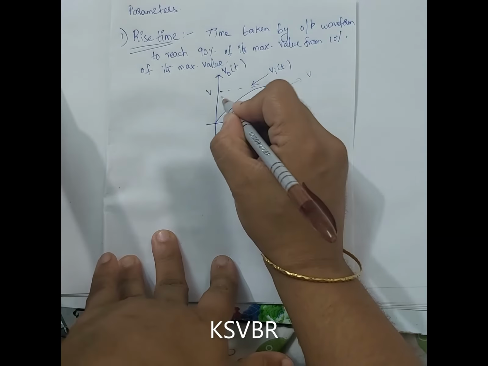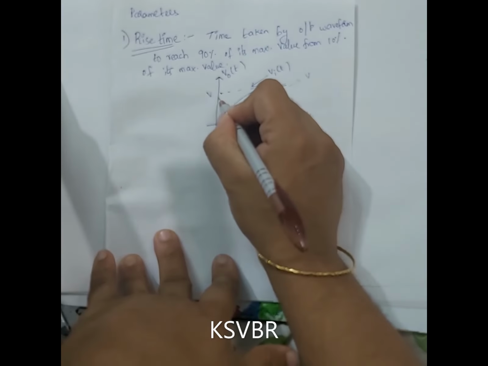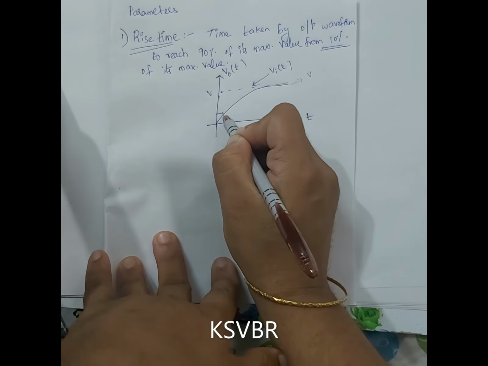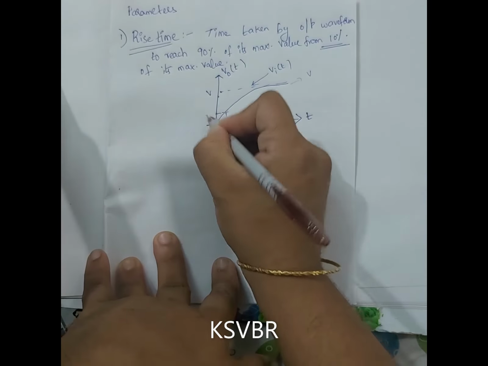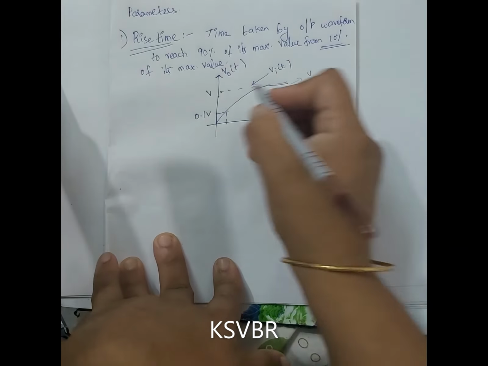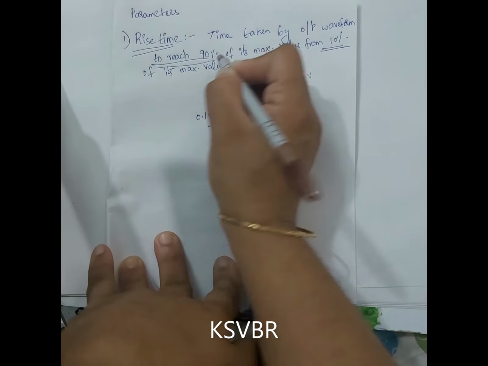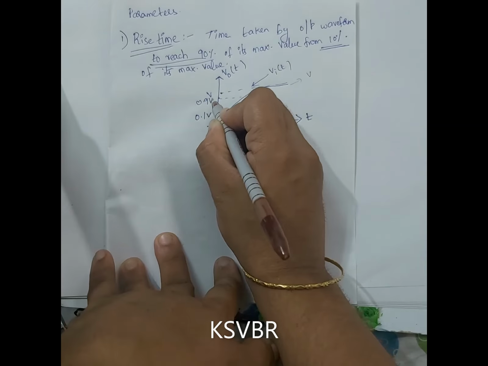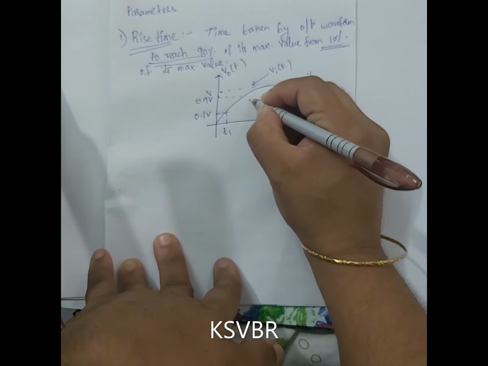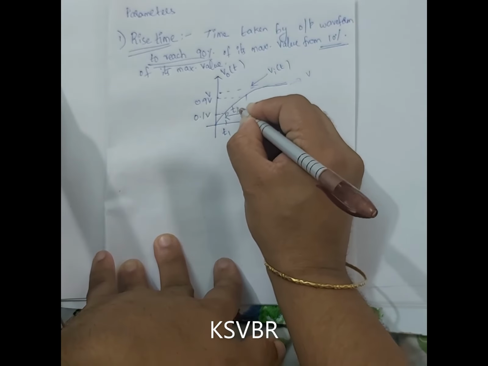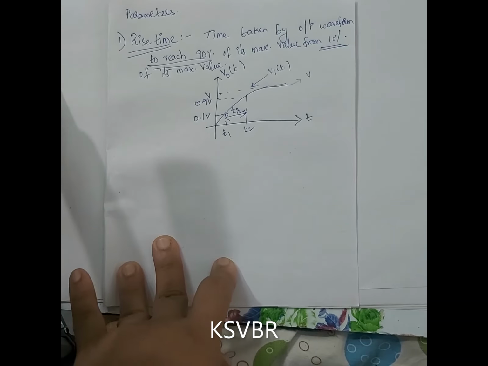So from 10% of its maximum value, 10% means 0.1 V, to reach 90% of its maximum value, that is 0.9 V. This is T1, this is T2. In between, this time will be TR, rise time.